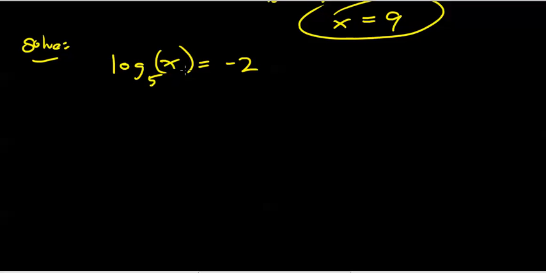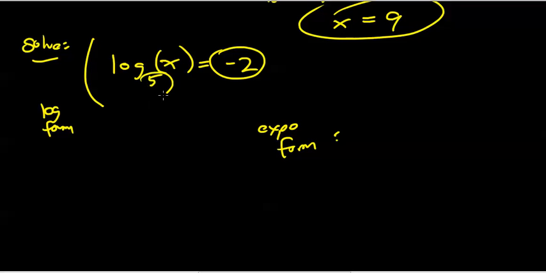That's what we are asked to solve. Again, this original equation is in log form, so I'll convert it to exponential form to make it a little easier to solve. Minus 2 is the exponent we put on 5 to get x.